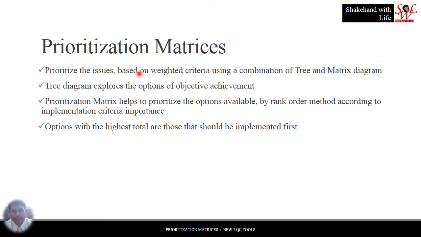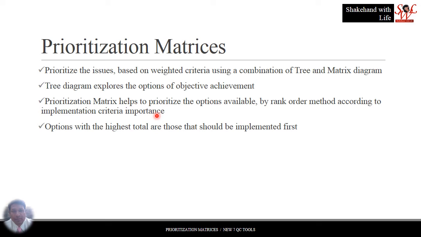The tree diagram explores the options of objective achievements, the options using which we can achieve our objectives, and the prioritization matrix helps to prioritize the options available by rank order method according to implementation criteria importance.